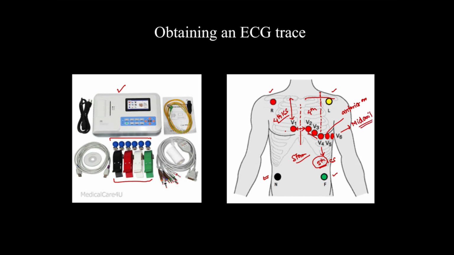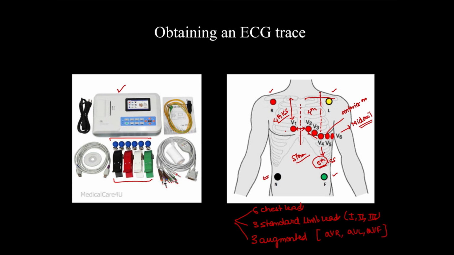So there are 6 chest leads, and 3 standard limb leads, which are lead 1, lead 2, lead 3, and 3 augmented limb leads, named AVR, AVL, and AVF. These 6 chest leads plus 6 limb leads in total give you a 12 lead ECG tracing.